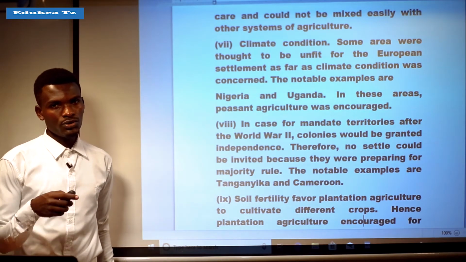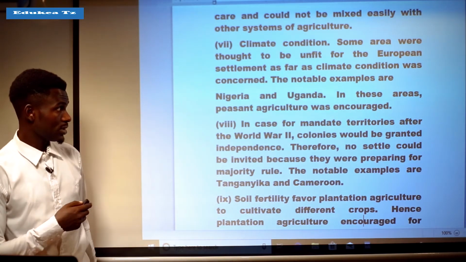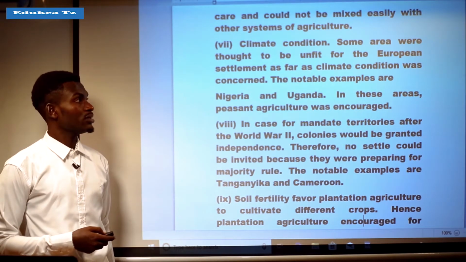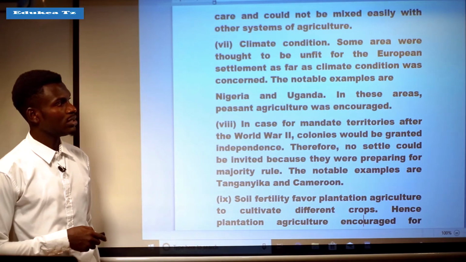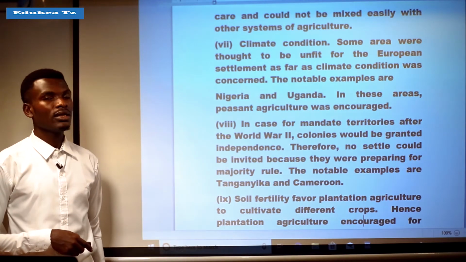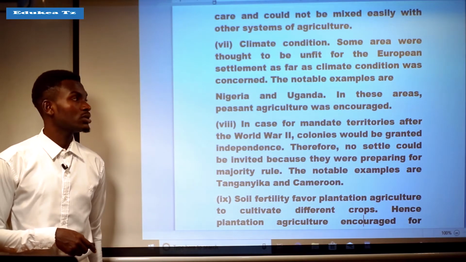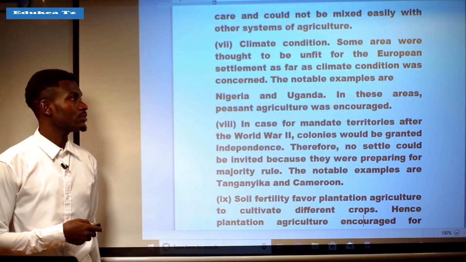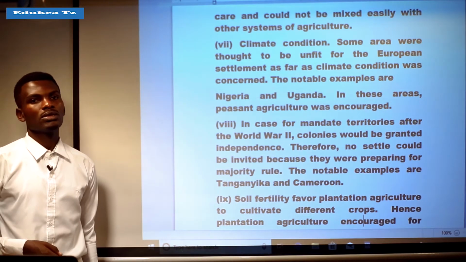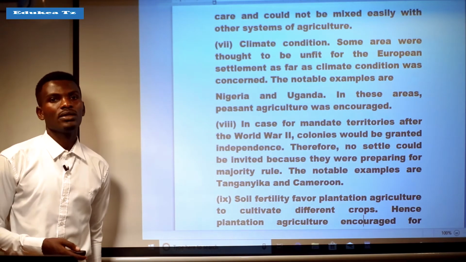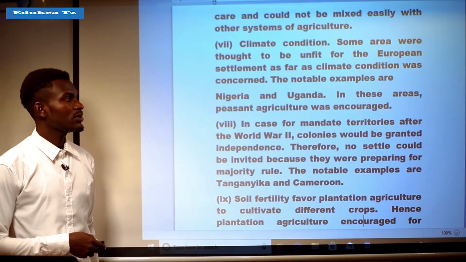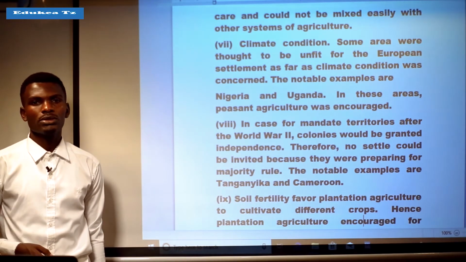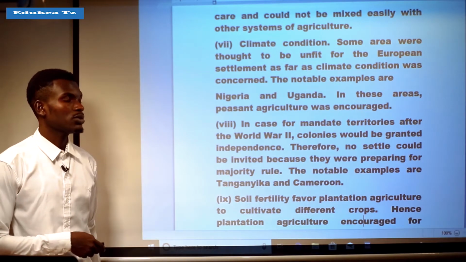For example, in Uganda and Nigeria, there are areas with high temperatures, and due to the high temperature, the Europeans could not settle in those areas freely. So in these areas, peasant agriculture was encouraged.